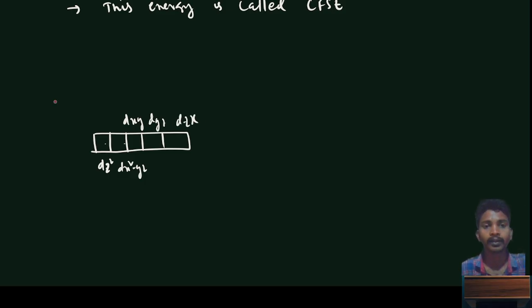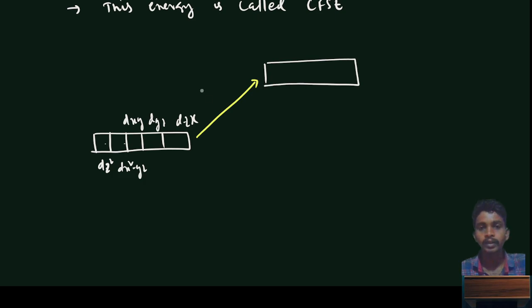These 5 orbitals go to the excited states when the ligand field is far, because all of them equally get repulsion. So all 5 orbitals equally go to the excited state.